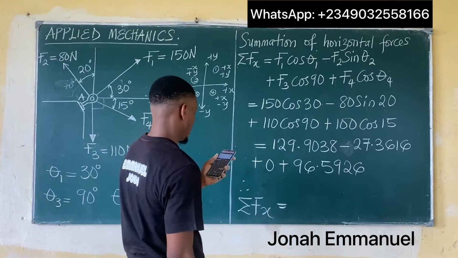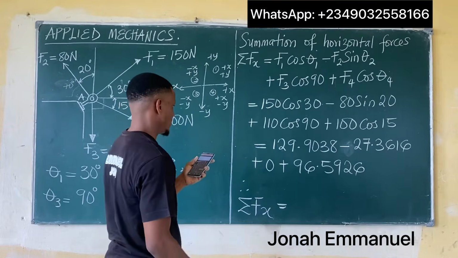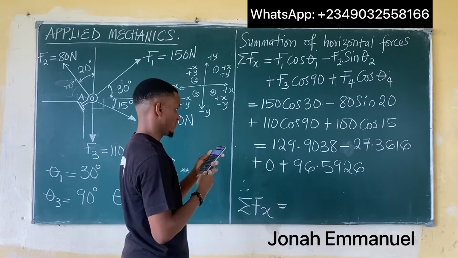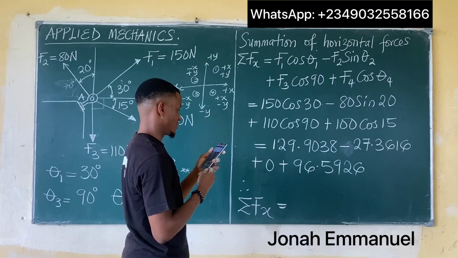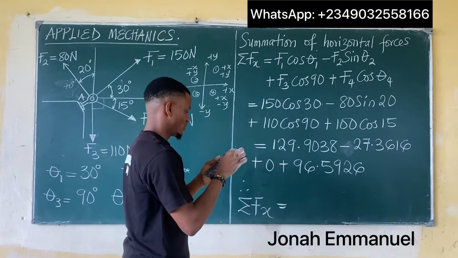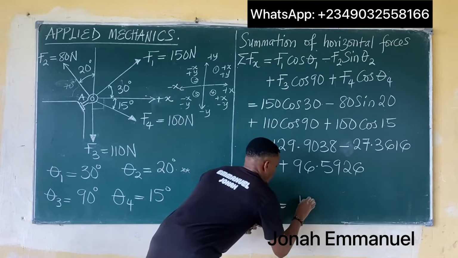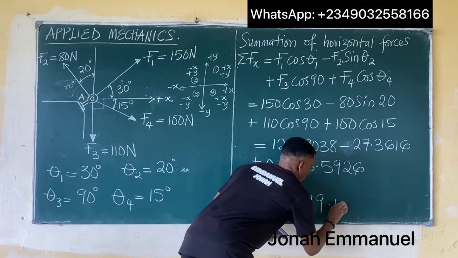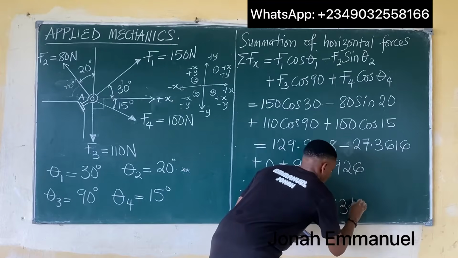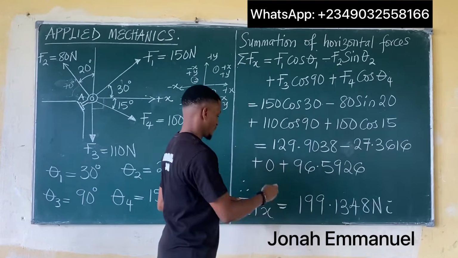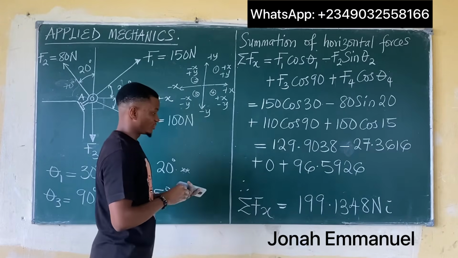Alright, just confirm this: 129.9038 minus 27.3616 plus 0 plus 96.5926. This will now give me 199.1348 Newton. Alright, so this is the summation of horizontal forces.